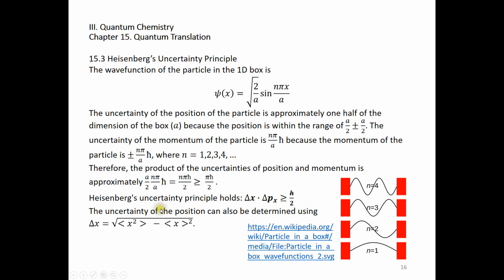The uncertainty of the position can also be determined more accurately using this equation for the standard deviation. The standard deviation of x can be computed this way: the square root of the average of x squared minus the squared average.